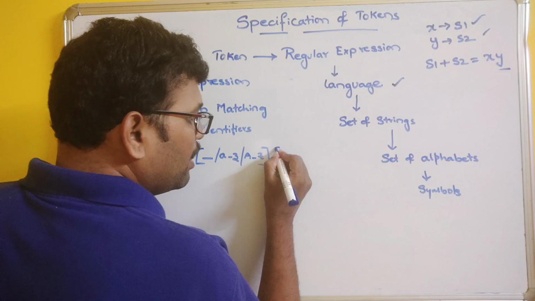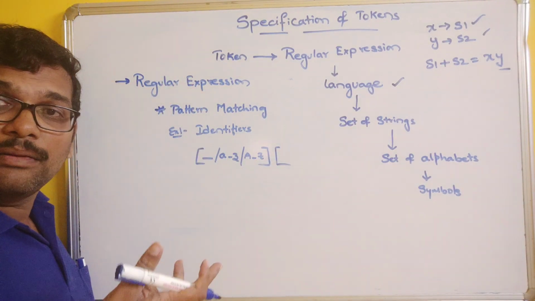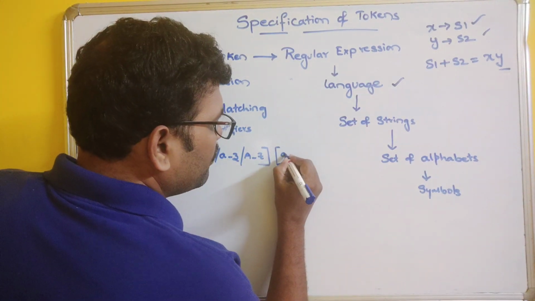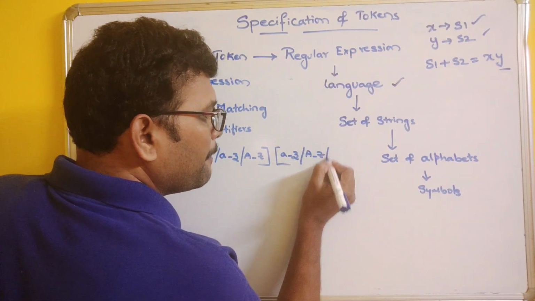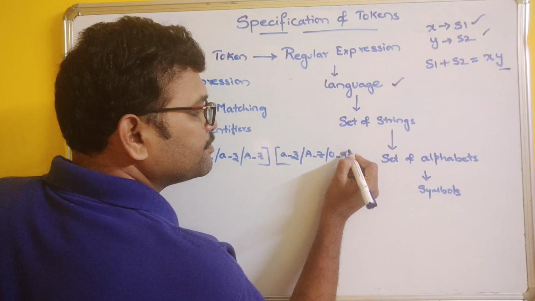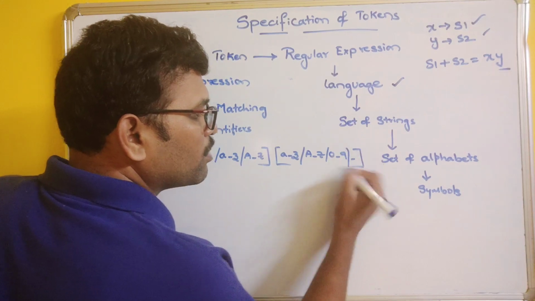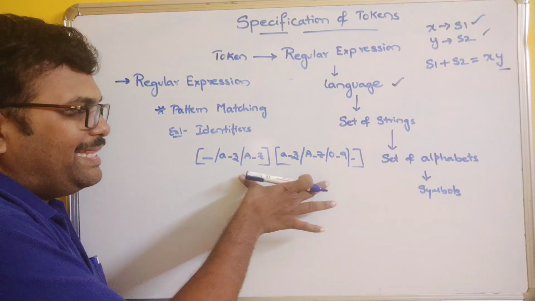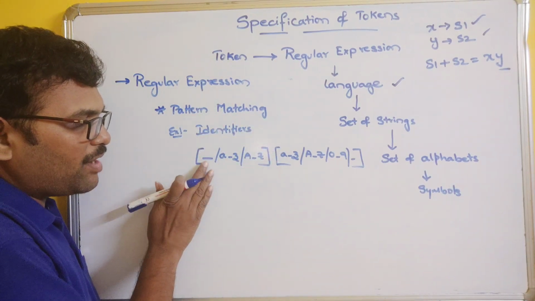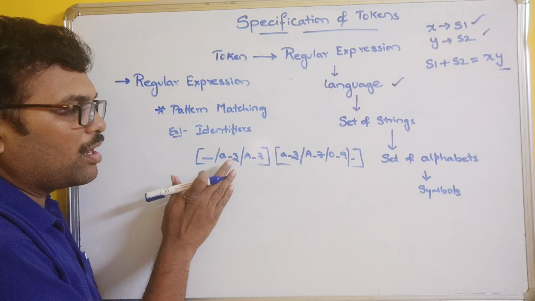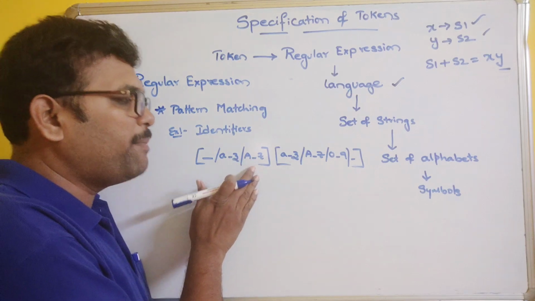It is followed by multiple characters: A to Z, capital A to Z, 0 to 9, underscore. So this matches an identifier. It should only start with an underscore, a lowercase alphabet or an uppercase alphabet.